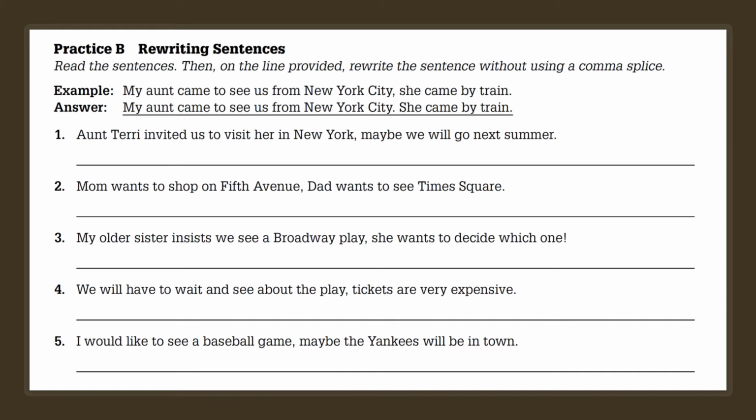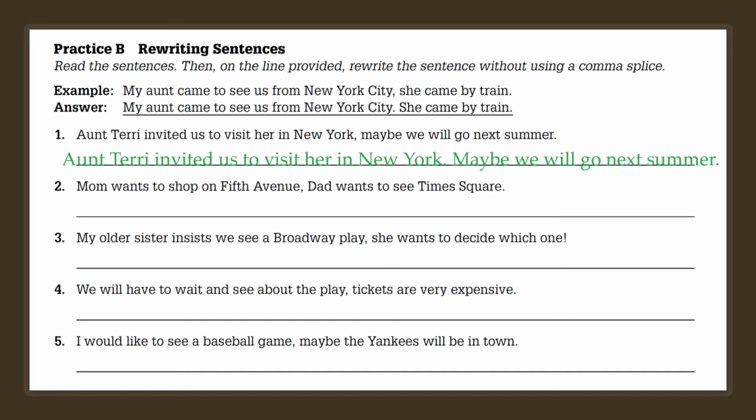We capitalize the first letter of the subject, in this case the S, then came by train. Alright, so what I want you to do, pause the video, go through those sentences, rewrite them, correct them basically, and avoid using a comma splice. Then play the video and check your answers. Alright, let's start.